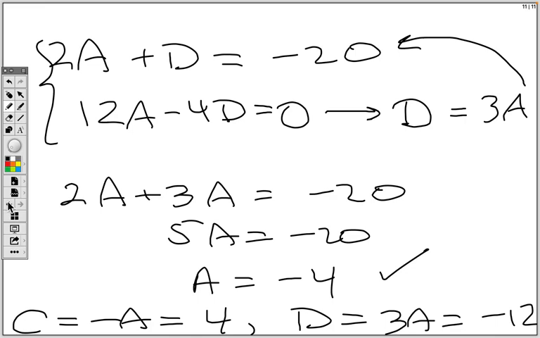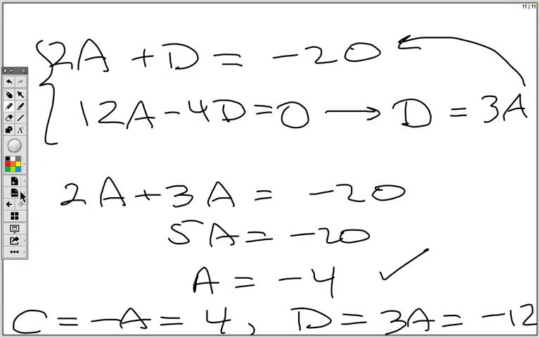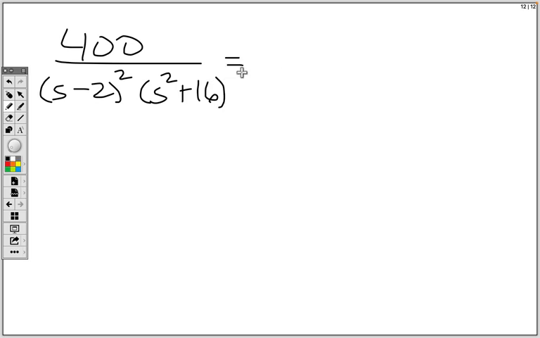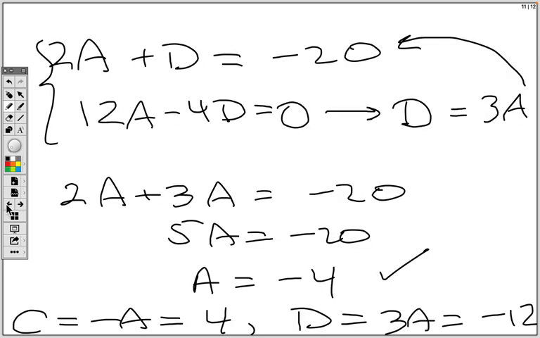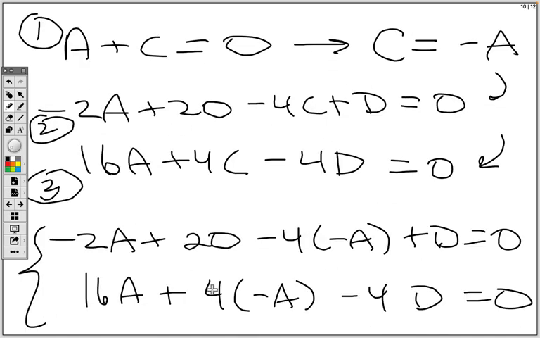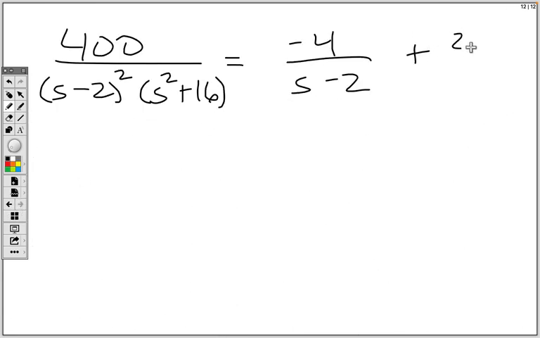So we put this all together, and we've got the partial fraction decomposition of this thing. 400 over s minus 2 squared times s squared plus 16 equals a over s minus 2, minus 4, plus b over s minus 2 squared, that's 20, plus c s plus d over s squared plus 16.